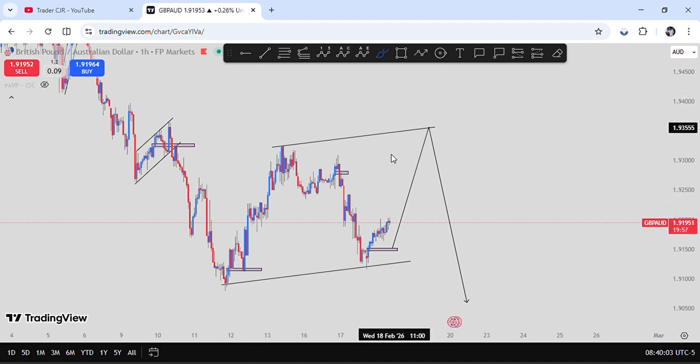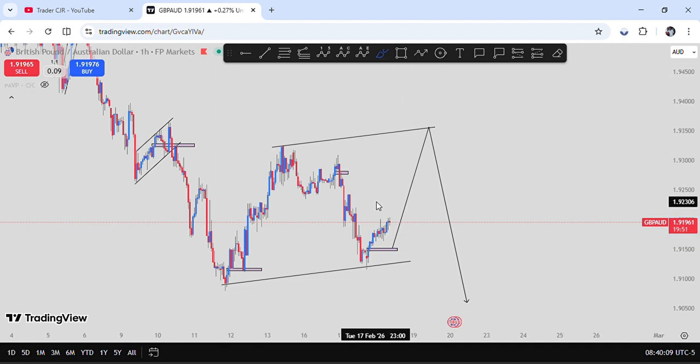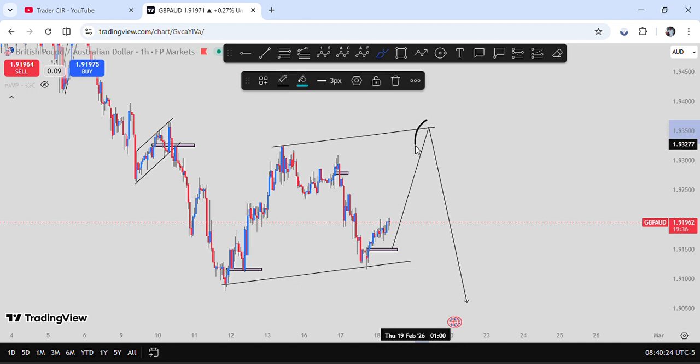I expect to see price pull back lower, and this is a cheap price for me to actually place buy orders. So this is my analysis on the pound Aussie, and I'll update you if I find an entry. I'll possibly record a live trade on how I place my trades on the pound Aussie.